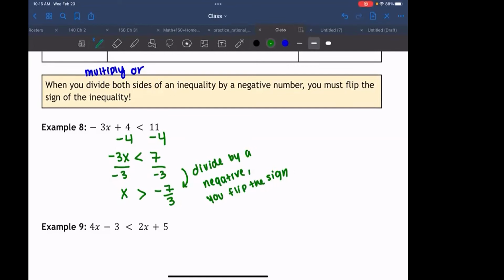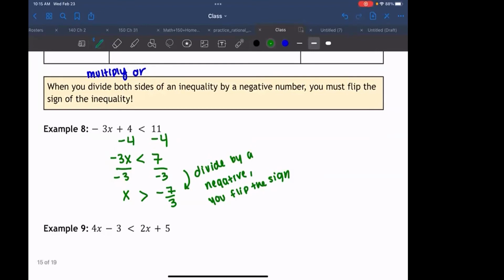Okay, why don't we do this? We're going to represent our answer as a graph and as an interval. So let me just take this graph here. We have -7/3. I just typed that in my calculator. I think it's like -2.3. So I'm going to draw a circle above wherever that might be, and x is to the right, so I'm going to extend my line over to the right. x is bigger than -7/3.